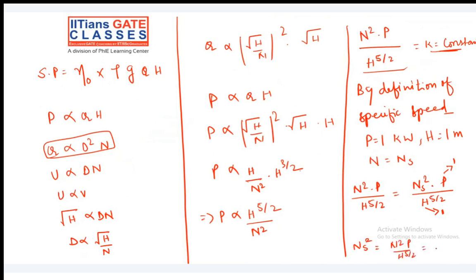So can I write this as ns is n root of P divided by H to the power 5 by 4? ns is n root P divided by H to the power 5 by 4.